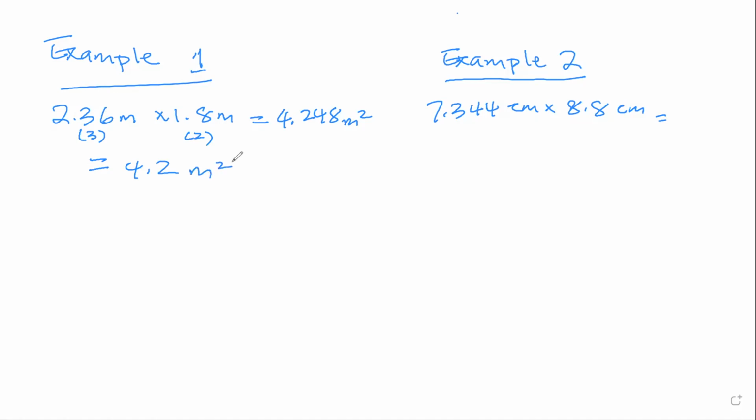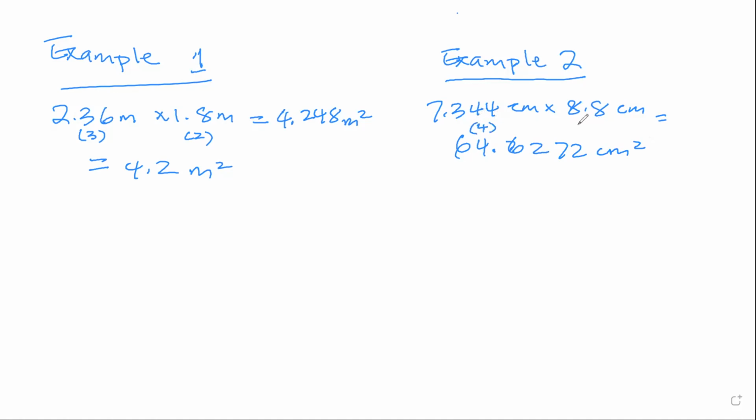Okay, the second question, we multiply again. We can use a calculator, and that will come out to be 64.6272 centimeters squared. And then we look here, this one has 4 significant figures.